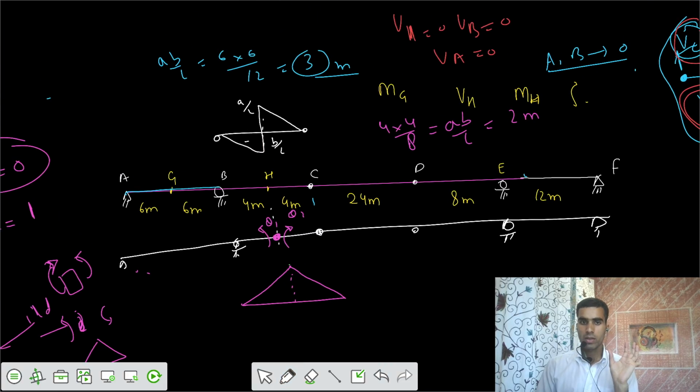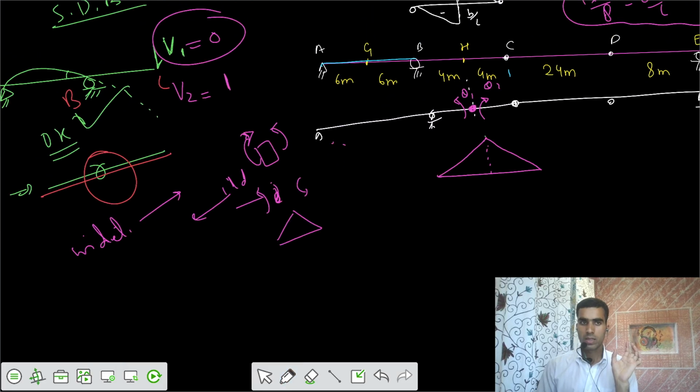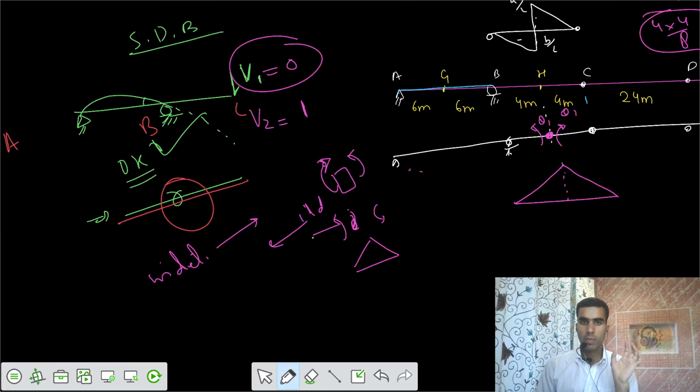So I draw this case as if this was a simply supported beam only. Now you analyze this one. We say you applied a rotation of theta 1 and theta 2 on two different sides. Once you applied on this side a theta 1, let's say, because of some moment m1, and from this side some theta 2 because of some moment m2.